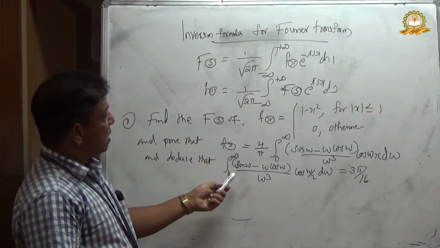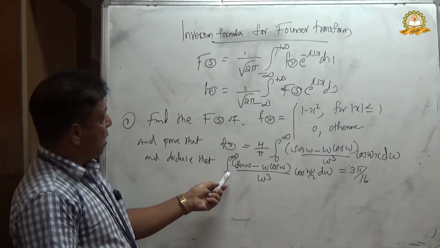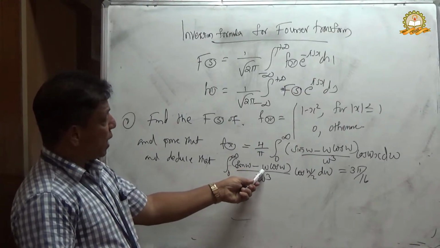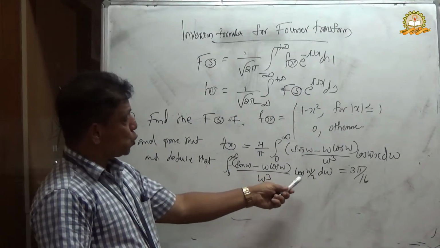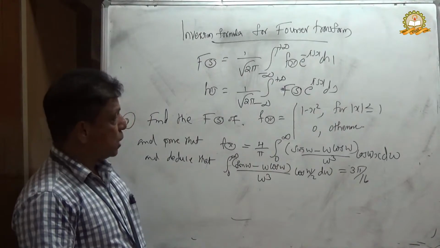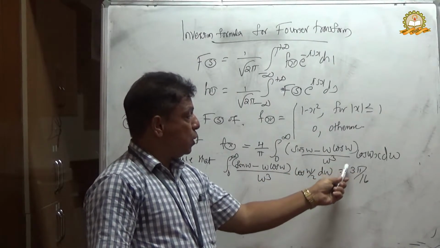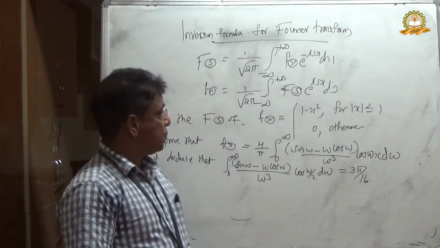By rearranging, finally we get the complicated integral from 0 to infinity of (sin omega minus omega cos omega) by omega cube into cos omega by 2 d omega is equal to 3 pi by 60. We get the numerical value 3 pi by 60.